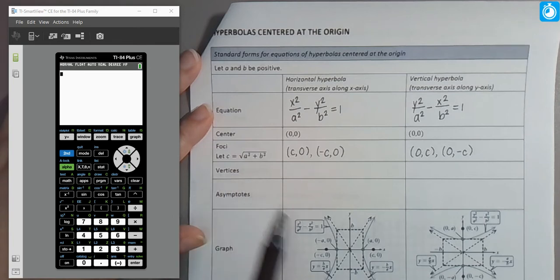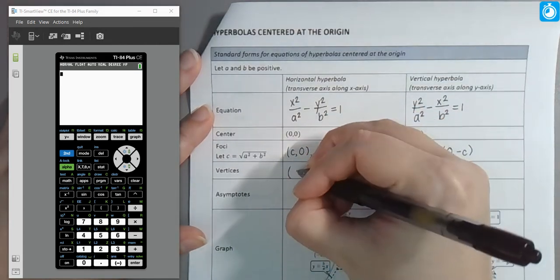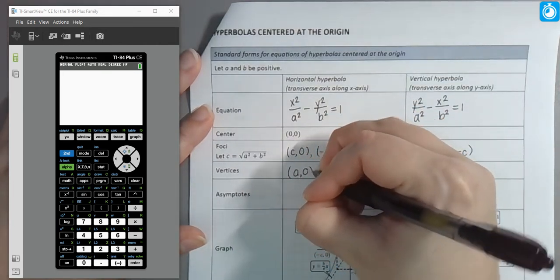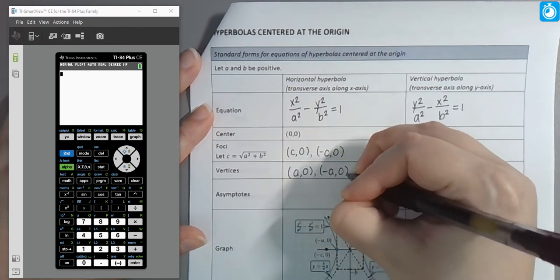So in terms of our vertices, it's going to be a units away from our center, distributed horizontally if we're talking about a horizontal hyperbola. So again, we're going to hold our y value constant at 0 and then just adjust our x value. So our vertices are going to have coordinates a, 0 and negative a, 0.